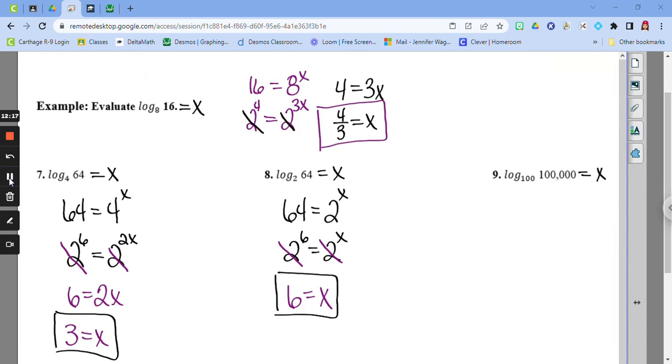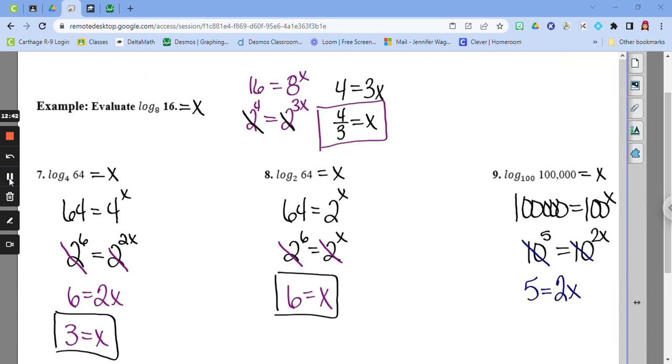The last one on this section, 100,000 equals 100 to the x. Using a base of 10 on this, 10 to the 5th equals 10 squared. So it's now 2x. Drop our base. 5 equals 2x.